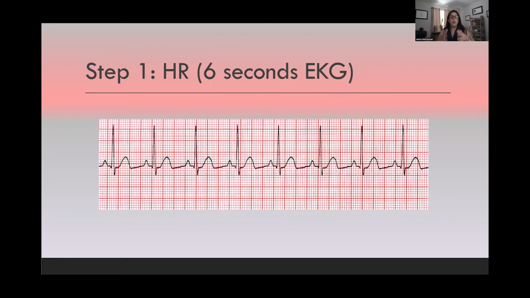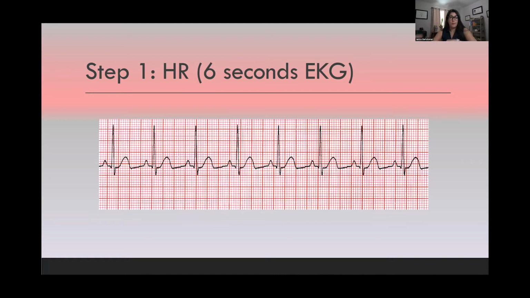Before I show you how we do this, I want to let you know that when we look at a strip, we look at 6-second strips. Then we multiply it by 10, because 6 seconds multiplied by 10 gives me 60 seconds, which is a minute.